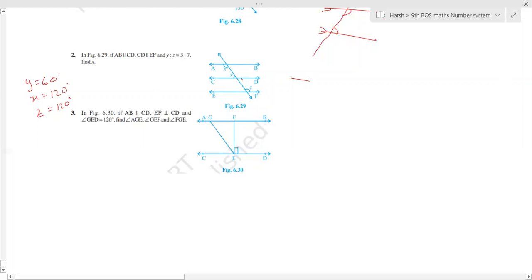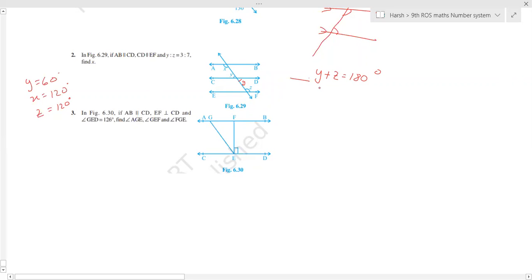So this y is equal to y. Then what did you do? I did co-interior angles, right? y plus z is 180. So 60 plus z is equal to 180. Yes, y is 60, right?